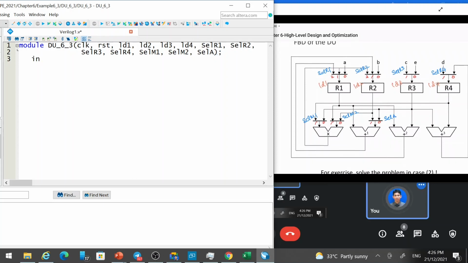And we have the input. We need the registers R1, R2, R3 as the output as well, such that we can observe the content of the register later on. So let's make this output as well.